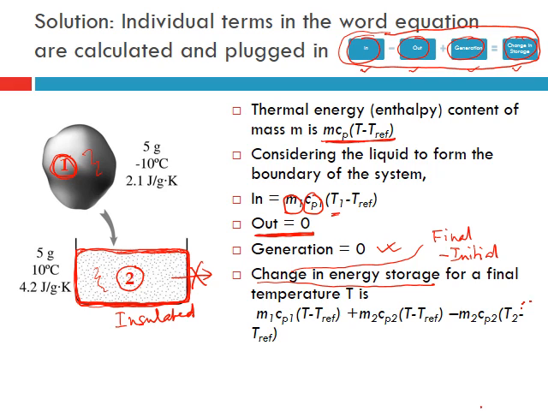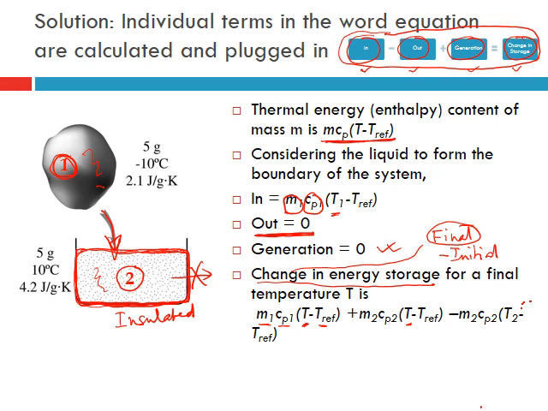Okay, so at the end of the process, when this goes in, and then we give it enough time, let's say the final temperature is T. So at that point, the final energy content is M1 Cp1 times T minus T ref.